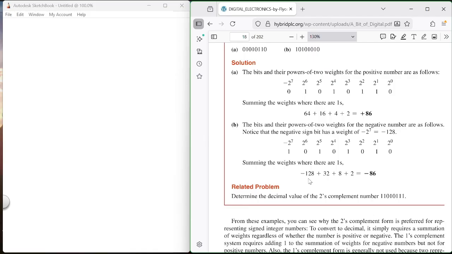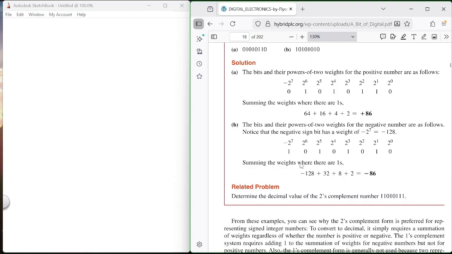It's not a positive 128, it's a negative 128. Now you can have unsigned binary or unsigned integers, and you can have signed integers, and you have to be careful which one you designate, because sometimes you can designate the wrong one and then you get an erroneous response. But if you say signed integers as your type of number, this is what you get.